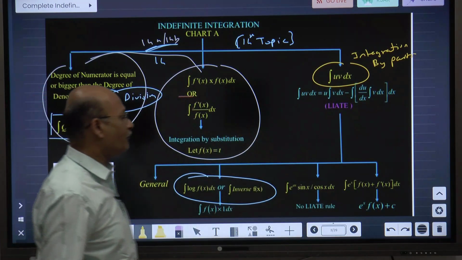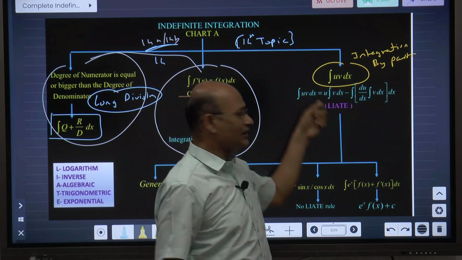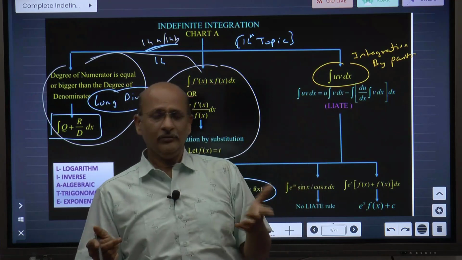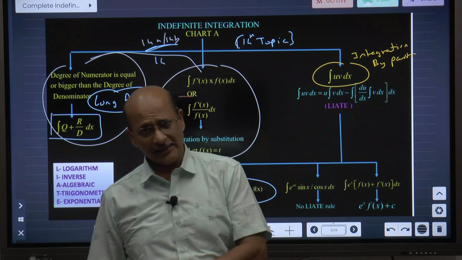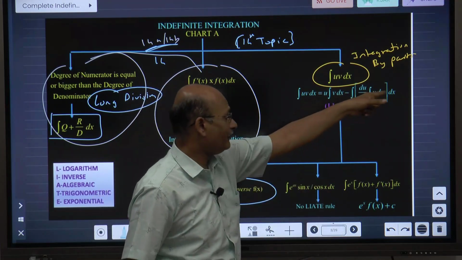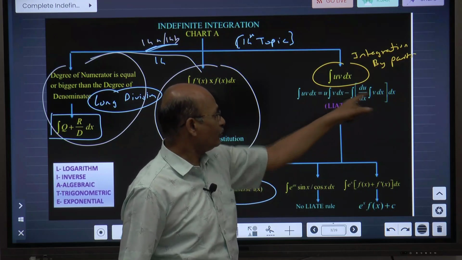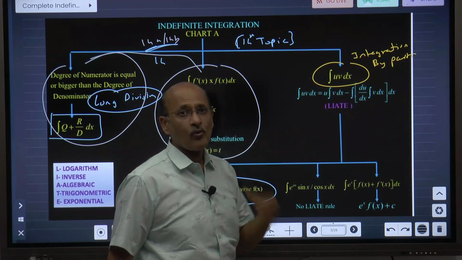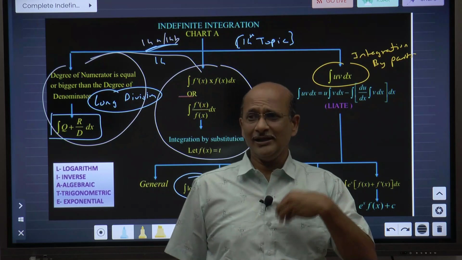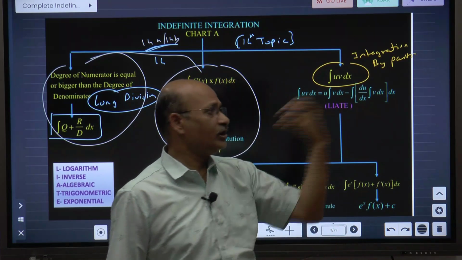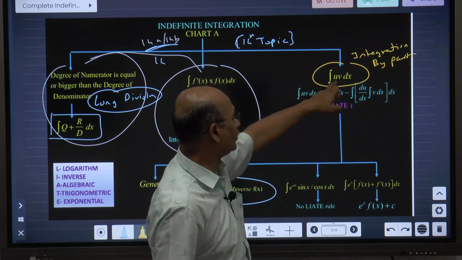But the important thing is, if two functions are given in product form, what will you take as u and what will you take as v? Because in this formula you are differentiating u and you are integrating v. So what is the technique of selecting which is u and which is v, because in the integrand there are two functions?